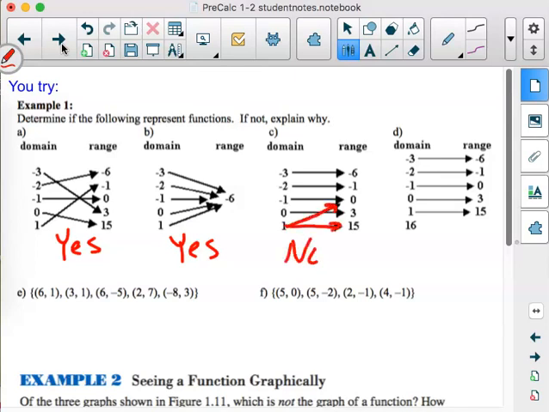Right here. Explain why. We don't know that it's called f because it doesn't give us a name up there, but we're going to call it f. f of 1 equals 0 and 15. So 2 outputs.